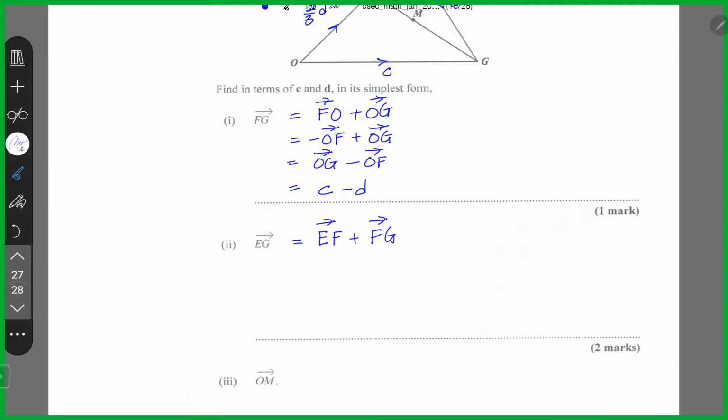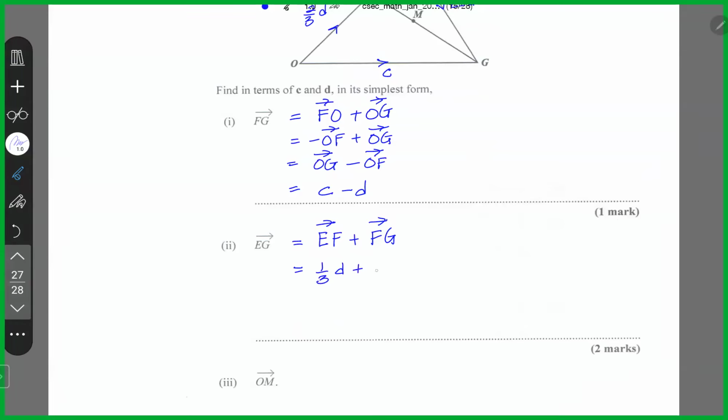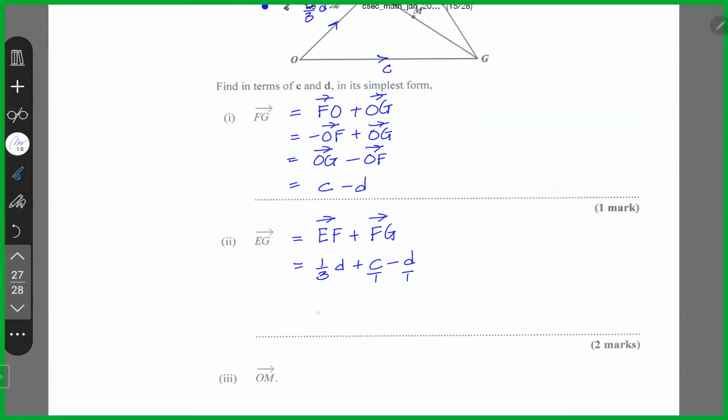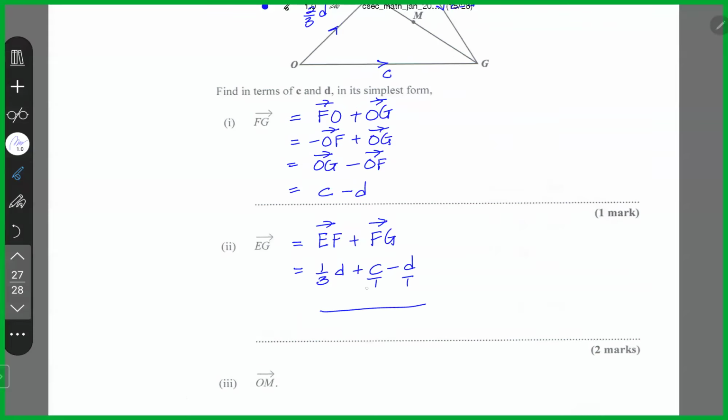Now, EF is 1/3 of D plus C minus D. So let's make it into one fraction. 3 into 3 is 1. 1 times D is D. 1 into 3 is 3. 3 times C is 3C. And 1 into 3 is 3. 3 times D is 3D.